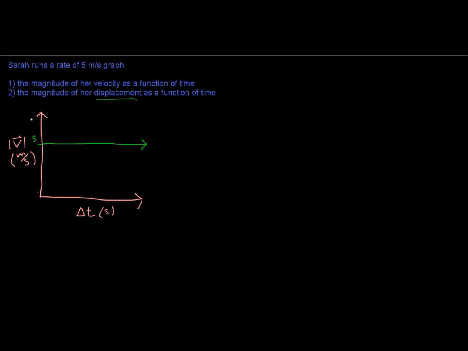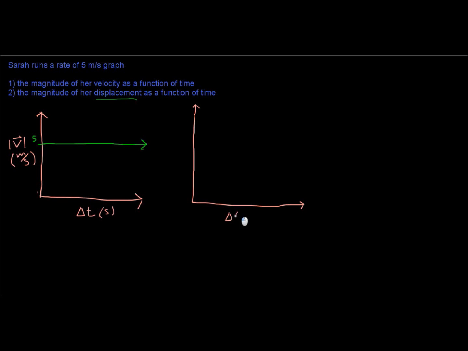Alright, so now let's graph number 2, the magnitude of her displacement as a function of time. Again, we only need the first quadrant because we're only interested in she's going forward, so her displacement will always be positive, and again, the whole delta t thing.